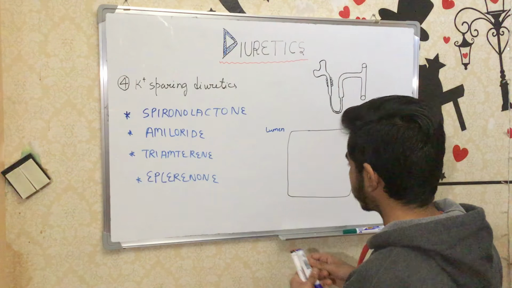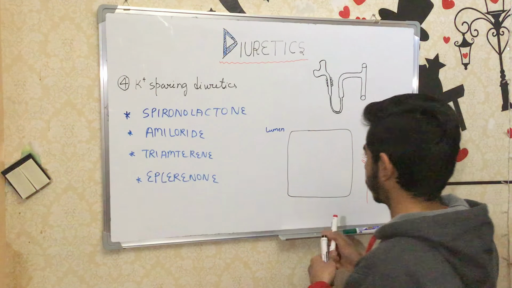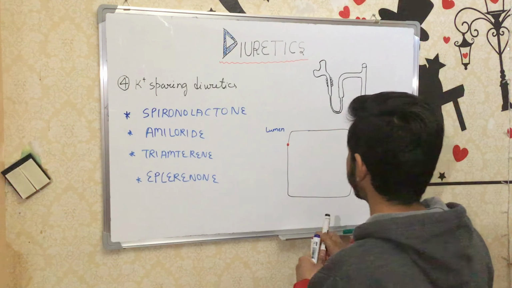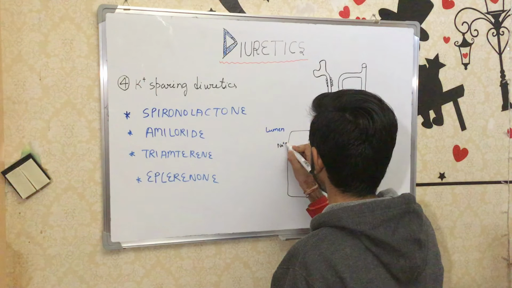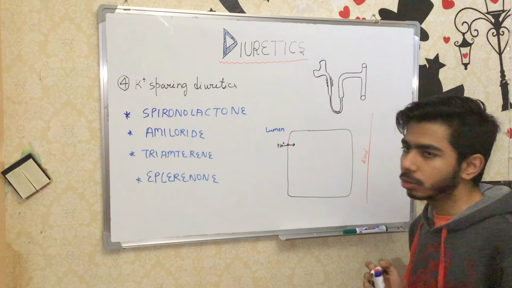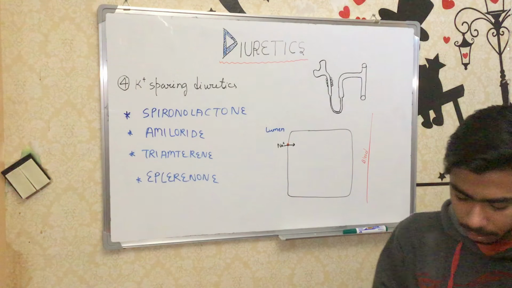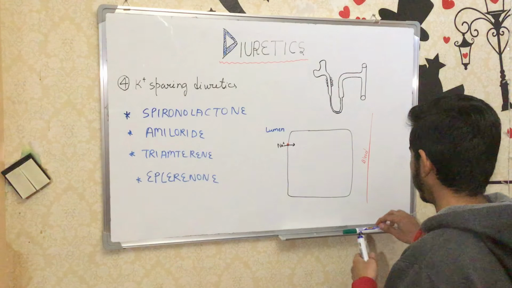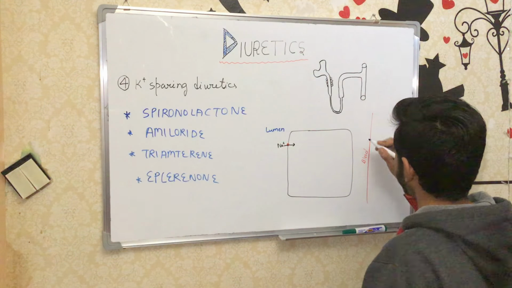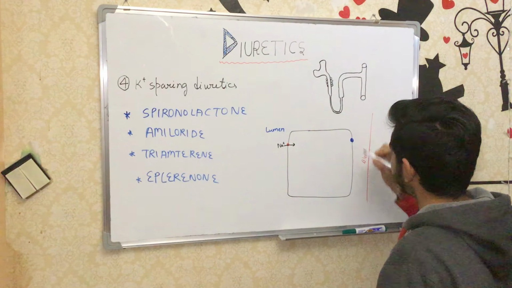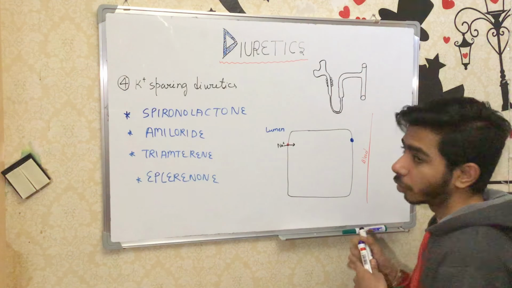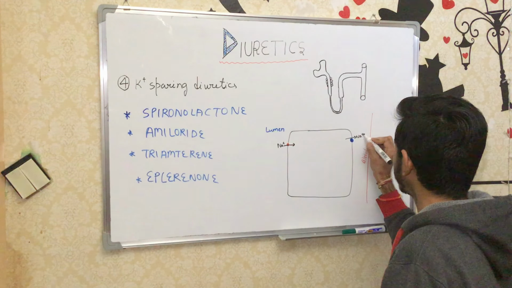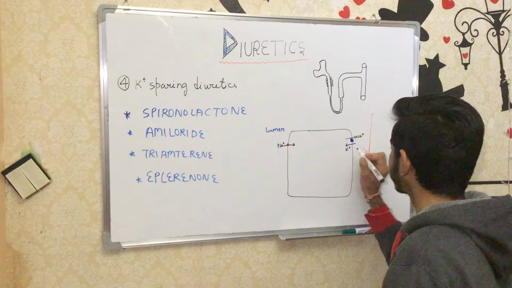Now here is the sodium channel, through which sodium ions are getting inside the cell. On the basolateral side, as you know, we have the sodium potassium ATPase, which is sending sodium outside and bringing in potassium ions.